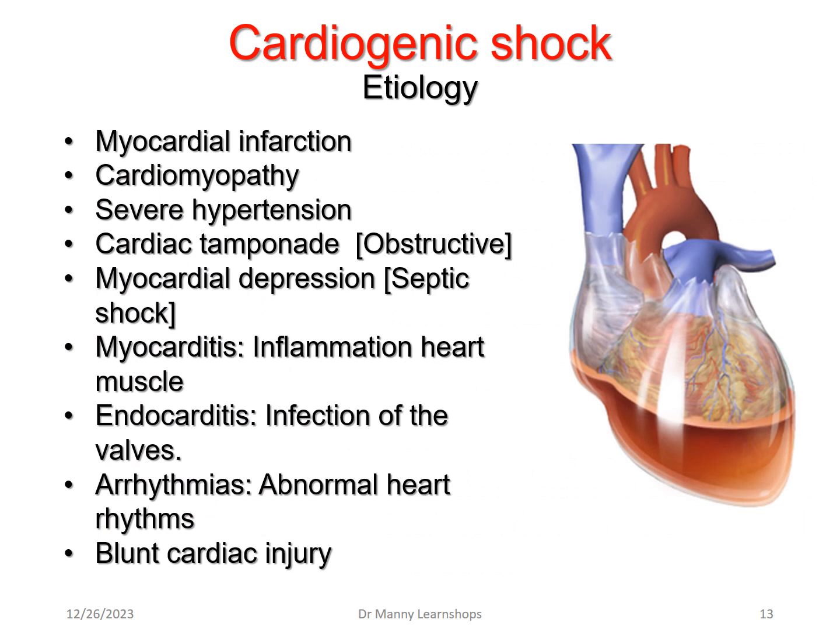What's the etiology? Myocardial infarction, severe hypertension, cardiomyopathy, septic shock, obstructive shock, myocarditis, endocarditis, arrhythmias such as PVCs, ventricular tachycardia, ventricular fibrillation, or blunt cardiac injury, maybe as a result of a motor vehicle accident.